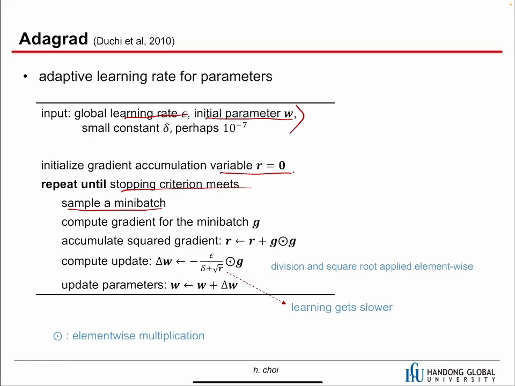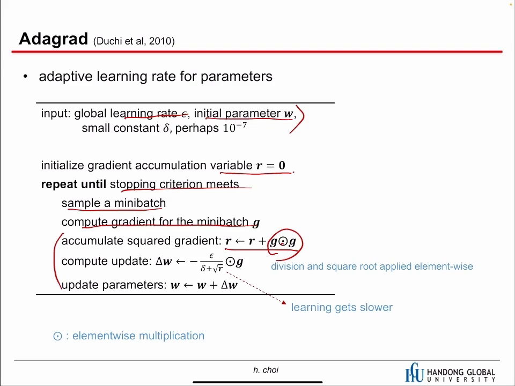So far so good, and compute the gradient for the mini batch. This is the difference between the previous one and AdaGrad: accumulate the squared gradient r. This is the element-wise multiplication.